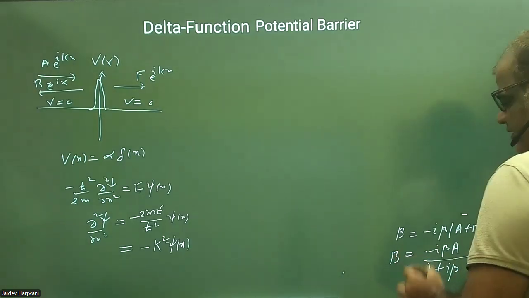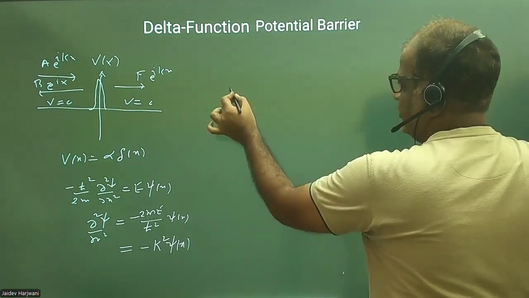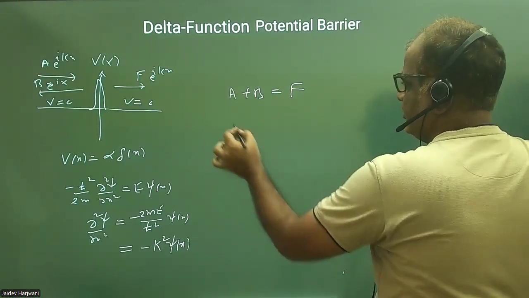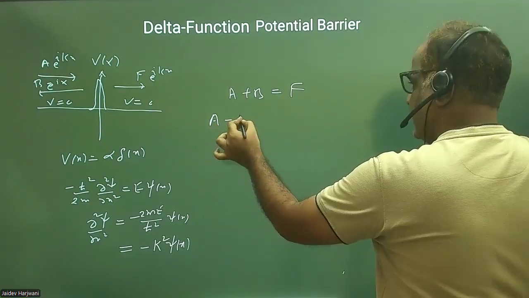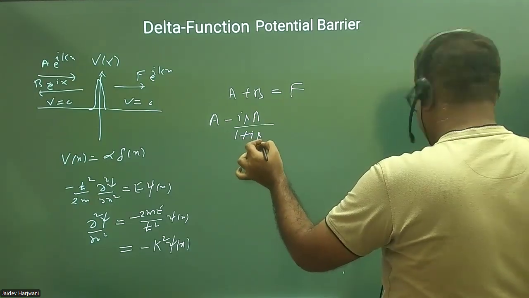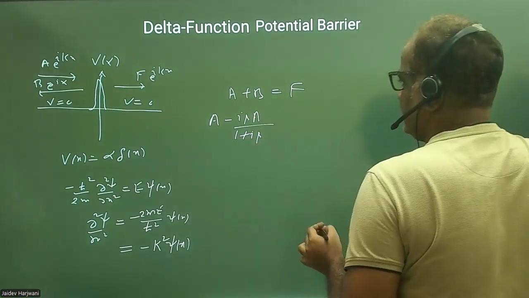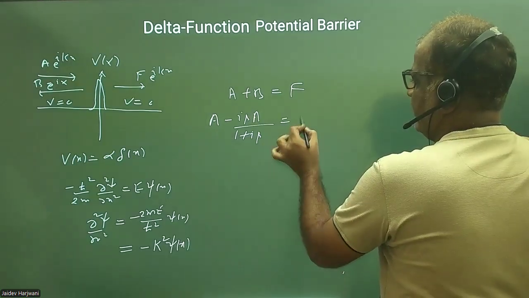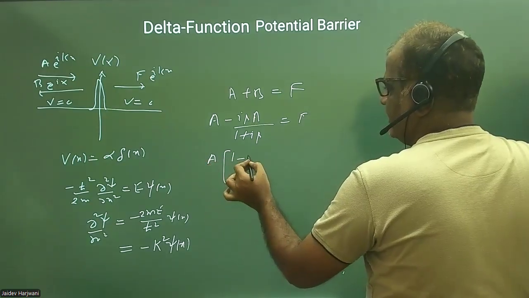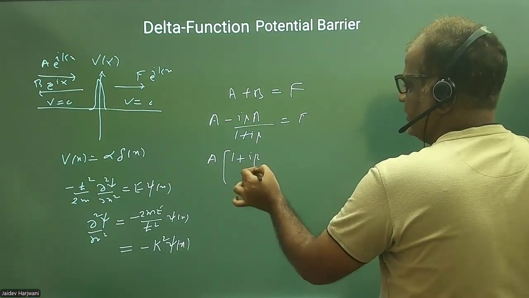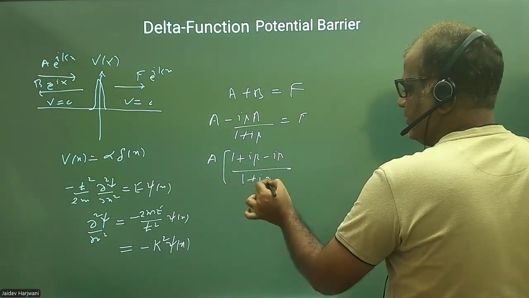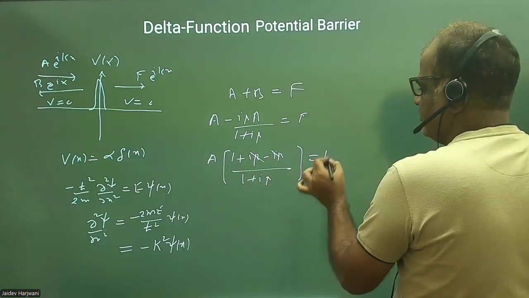So once you have B, you have a plus B equal to F. So A plus B is minus iota beta A upon 1 plus iota beta, equal to F. If I take A common here, so 1 minus iota beta upon 1 plus iota beta, the iota beta cancels out.